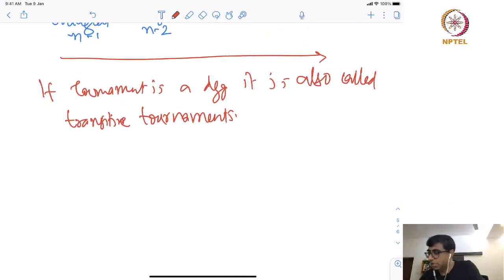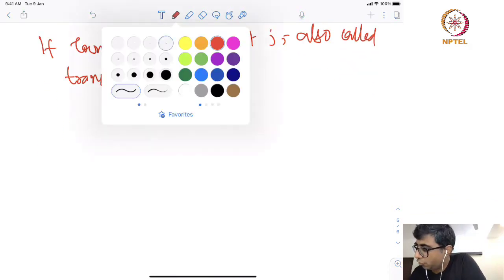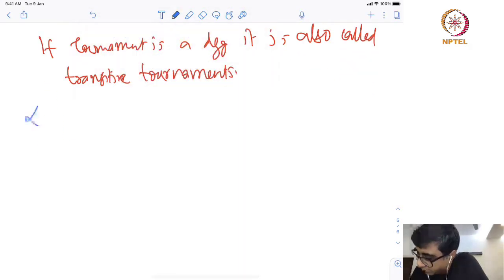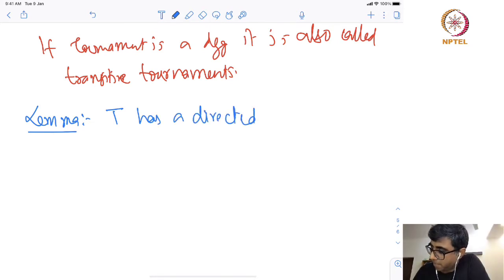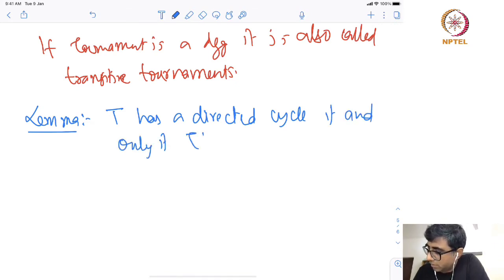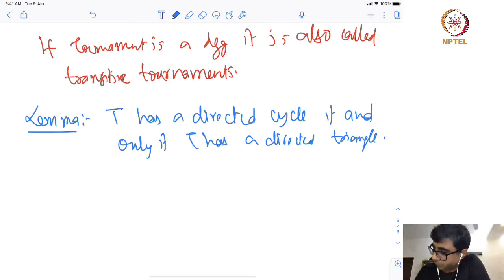Now the one very special property which we will use for tournaments is a key lemma. The lemma: T has a directed cycle if and only if T has a directed triangle.